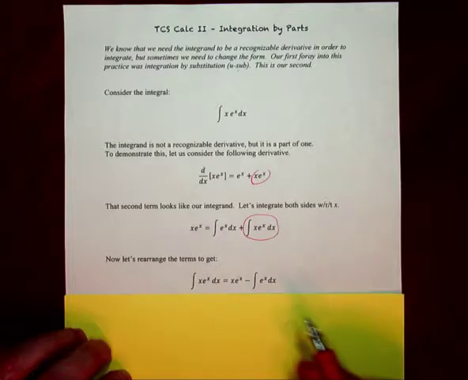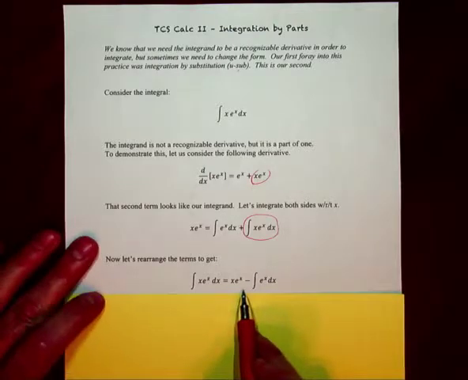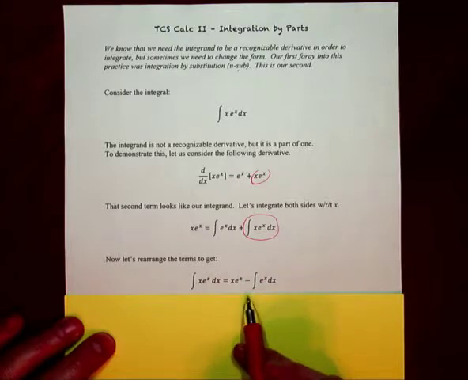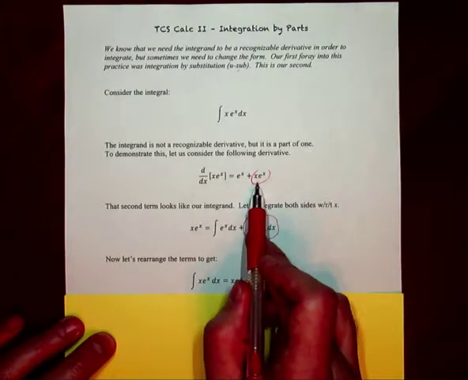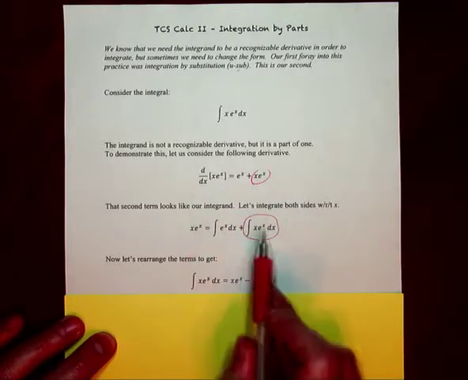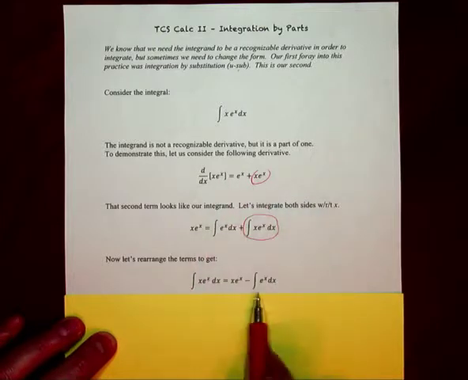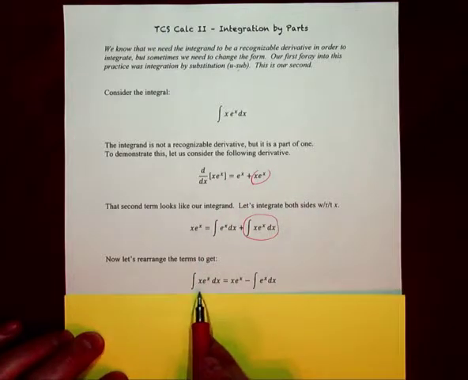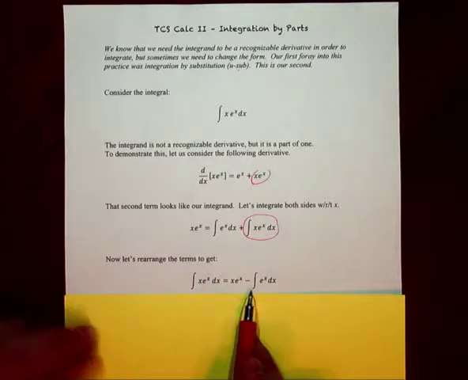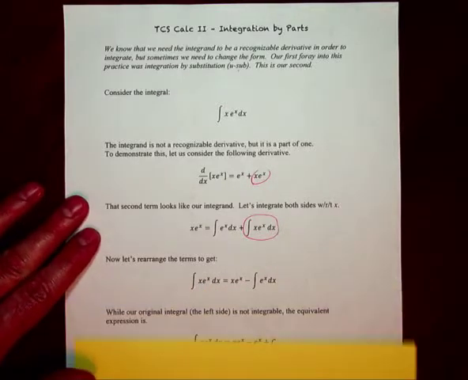Okay, so basically what's going on here is we're actually using the product rule in order to shuffle things around such that when I'm given something of this form, I don't seek to integrate that, I seek to integrate an equivalent expression. Okay.